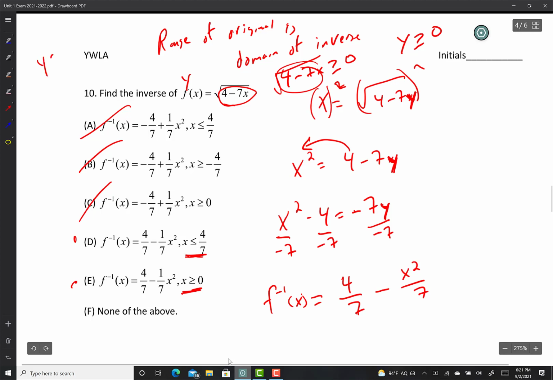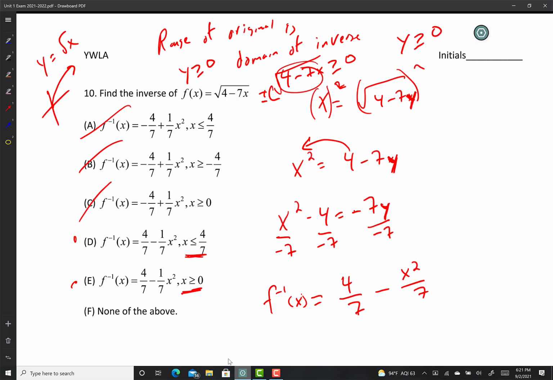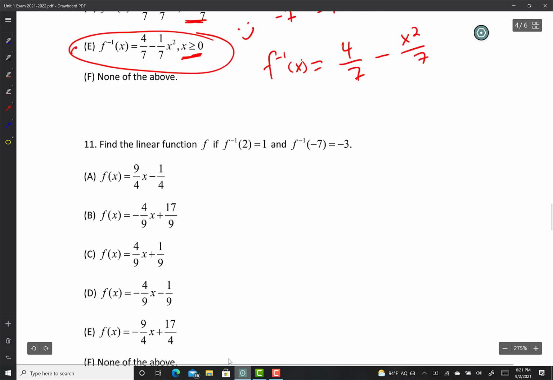If you remember, your square root function looks like this, a parent function, and the range is all values larger than or equal to 0, right? So it's the same thing here. I don't see any vertical shift on the outside. I don't have a plus or minus any number. So that means that my range is all numbers greater than or equal to 0. So if that's my range, then that means my domain of the inverse must be x is greater than or equal to 0. So it has to be that one. So there it is, guys. We got it. All right, next one.